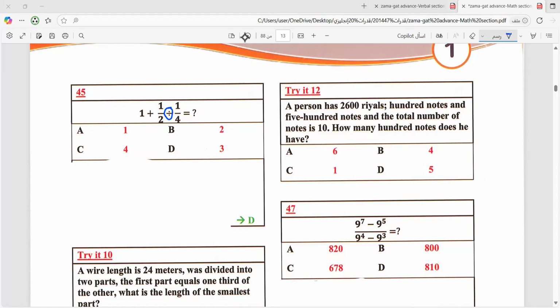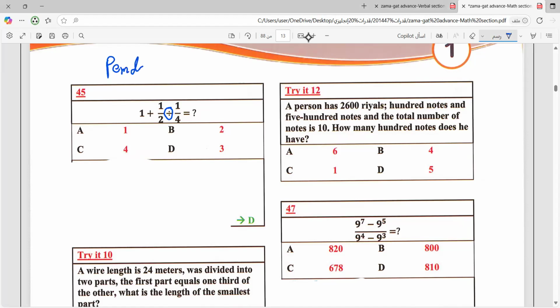Should I add 1.5 first? Oh my God, no. You know BIMDAS? Yeah. BIMDAS, we have many steps. The first step, use parentheses, right? Second step, use power.